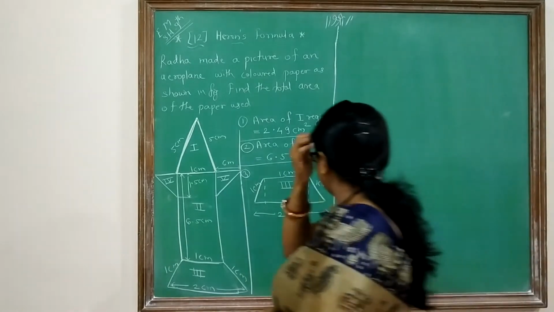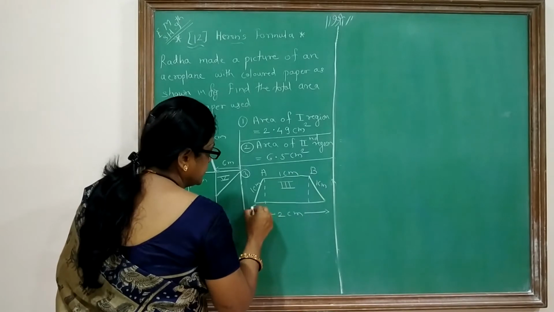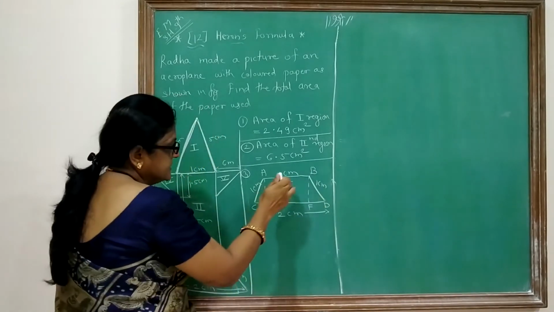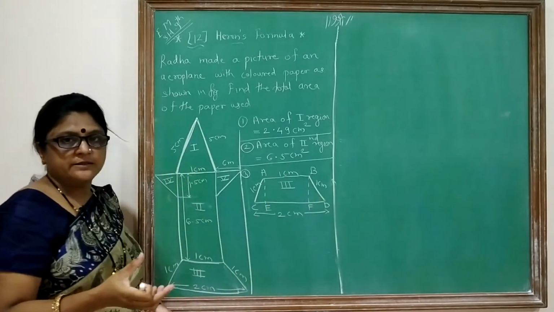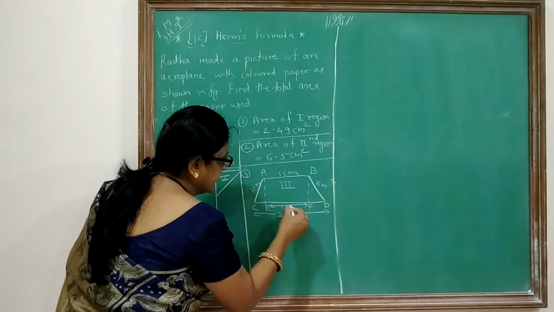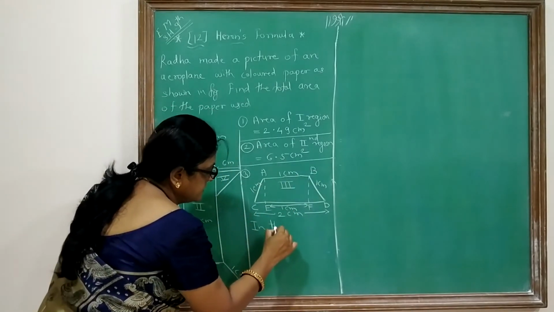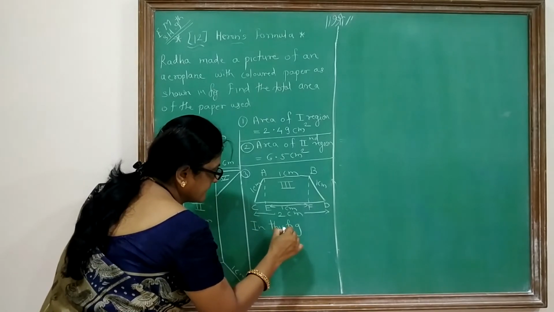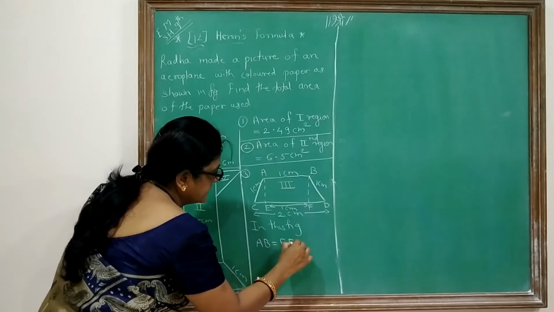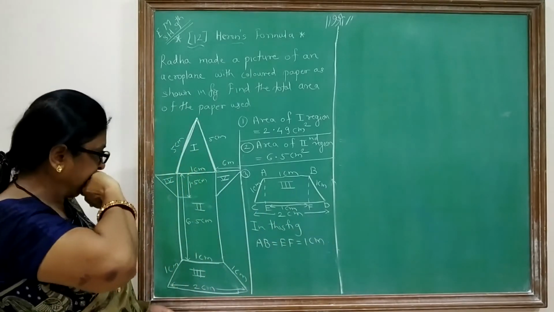Then here first we will name the vertices A, B, C, D, E, F. Means this AB is 1 centimeter, then EF is also 1 centimeter, because in this figure AB and EF are the same. AB equal to EF equal to 1 centimeter, because they are opposite sides.